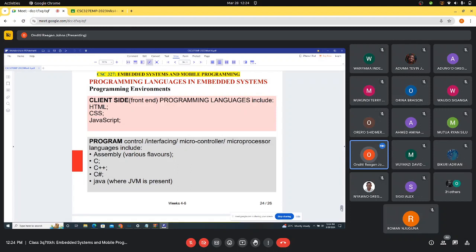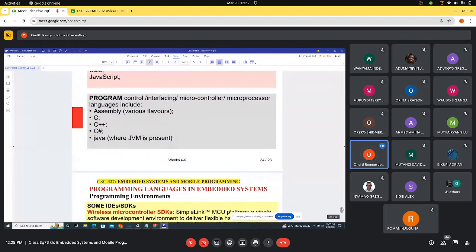So what we are looking at here are only the embedded languages that could be used on which part of the embedded systems. If you want to do the server side, you know the language to use. If you want the program or control aspect that will control the microcontrollers, the microprocessors, and the processors themselves, then you should also be able to tell which language you are looking at in this scenario.